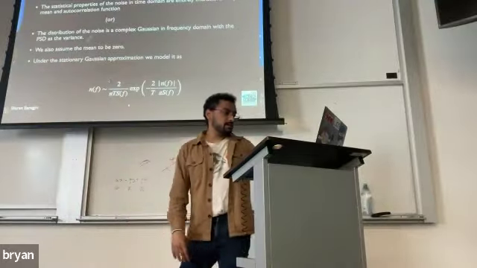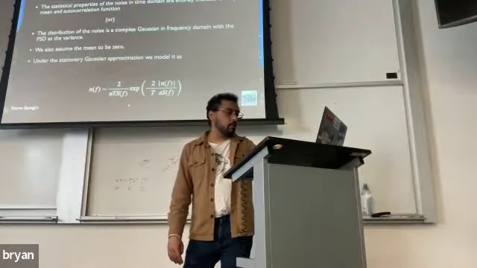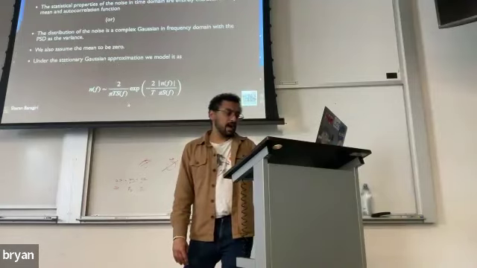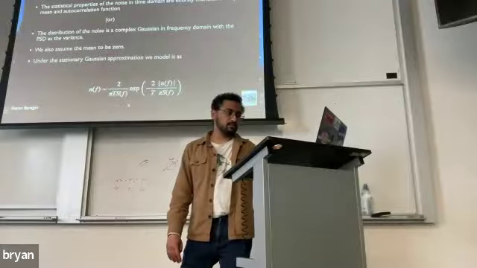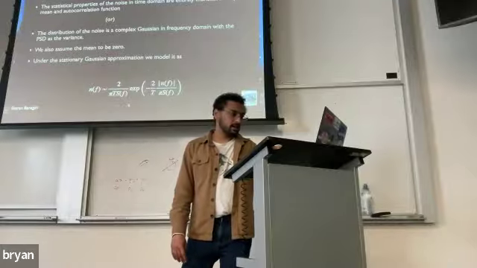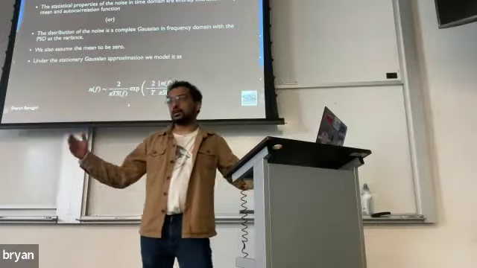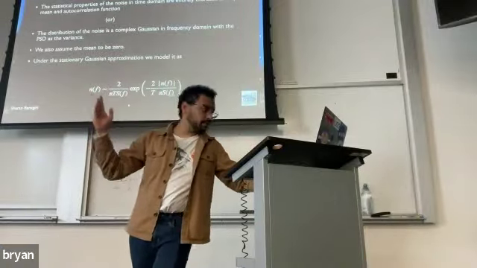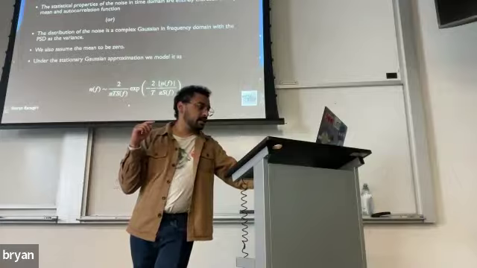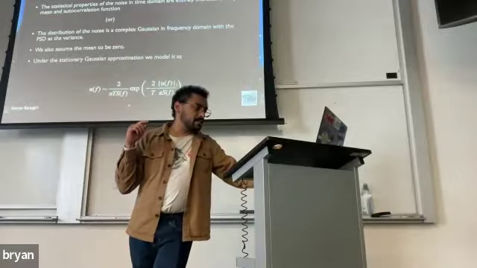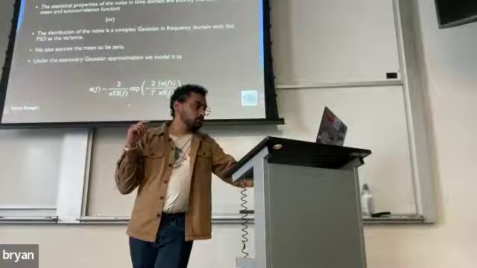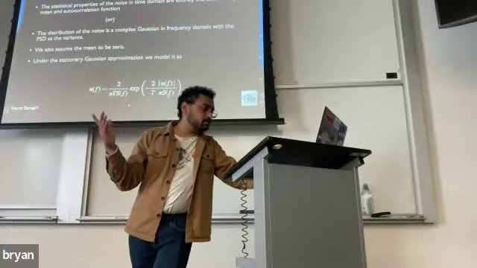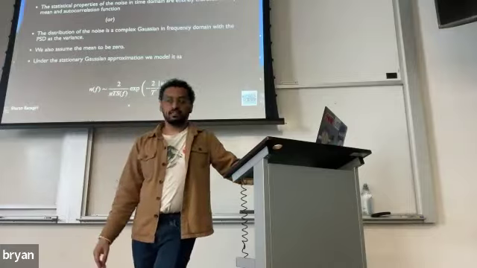And in that case, you can model the noise as a complex Gaussian in the frequency domain, and this is what it looks like. So n of f is now complex because we are working in the Fourier domain, and its absolute value is a Gaussian whose variance is given by the PSD.